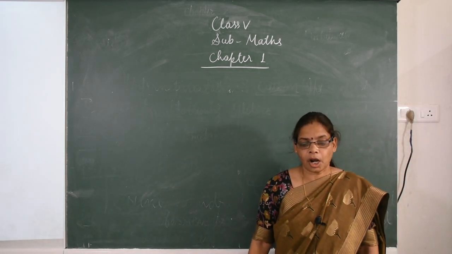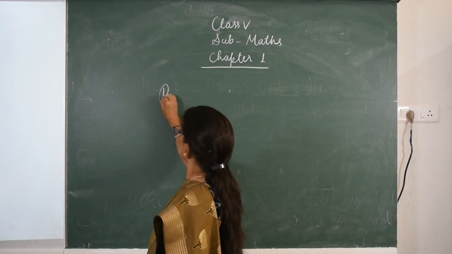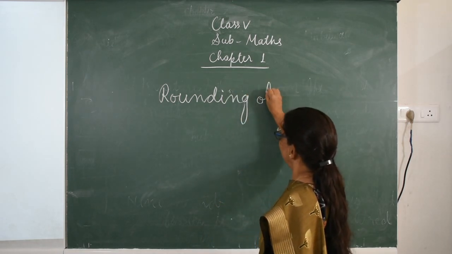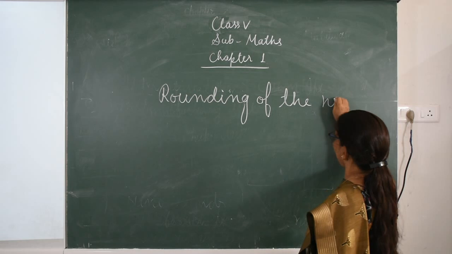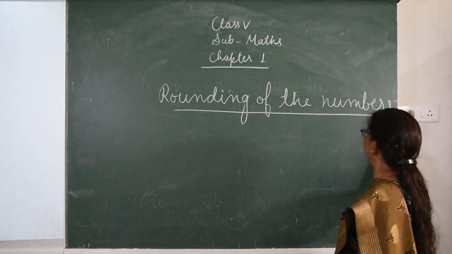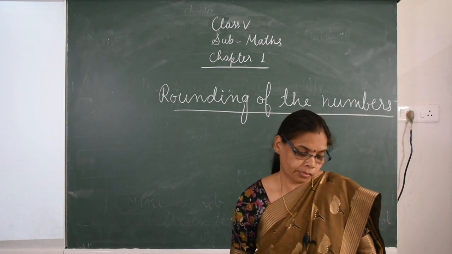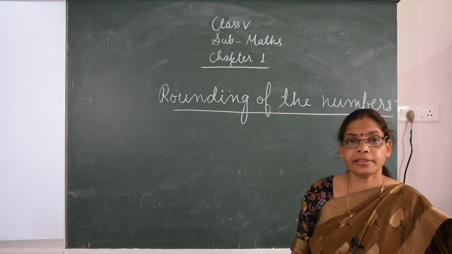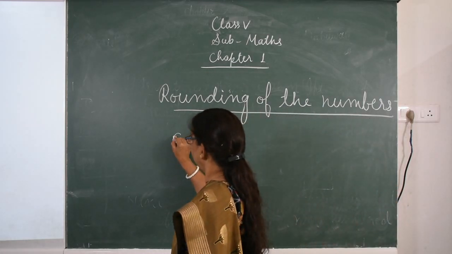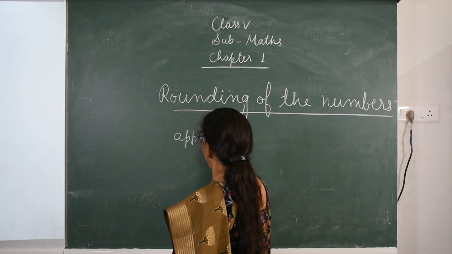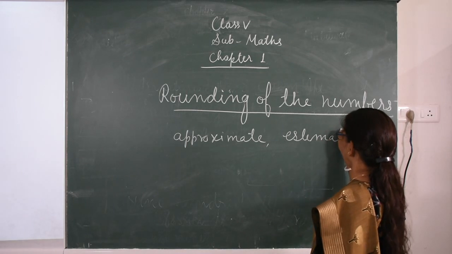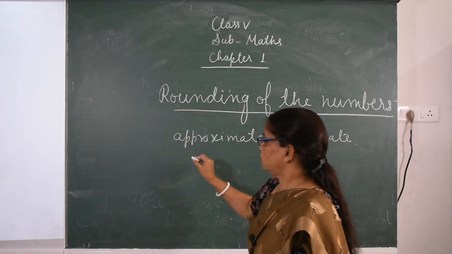Now the second point, we take rounding of numbers. Rounding of numbers means, students, not the exact number, the nearest number, an approximate number. An estimate, not exact.